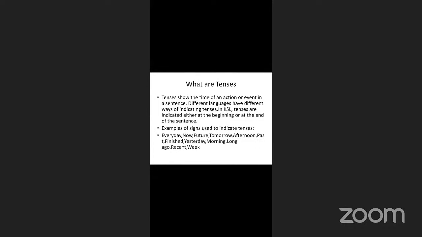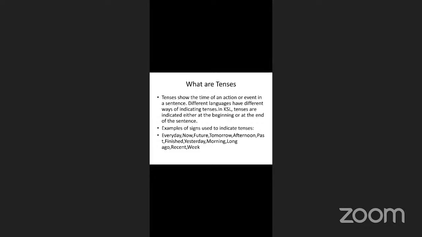Good, so we want to look at the tenses. The first tense that we started with was simple present tense. When you talk about tenses, tenses are time indicators, or they show us the time when an event took place.